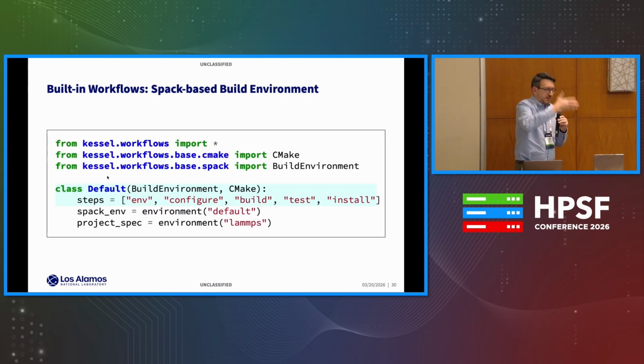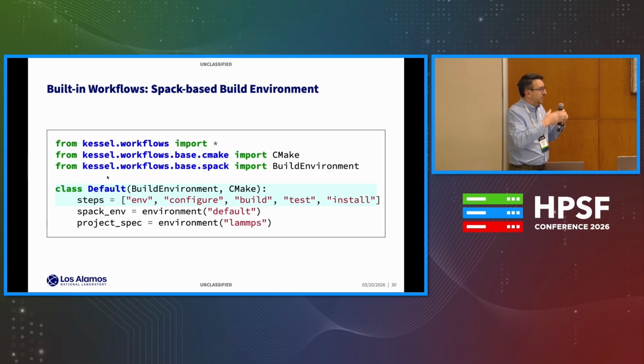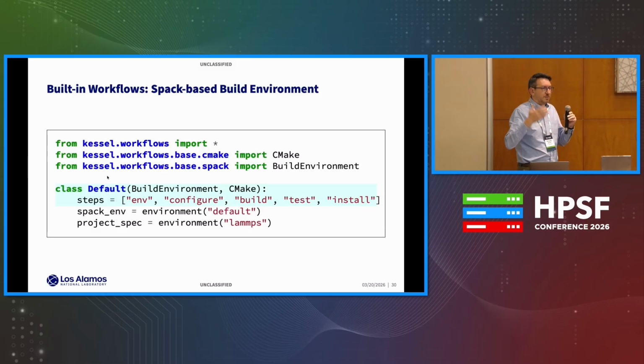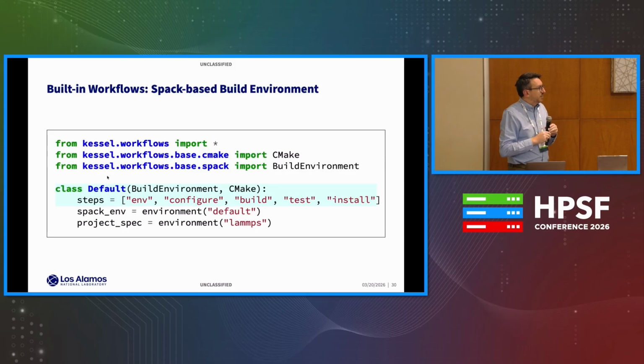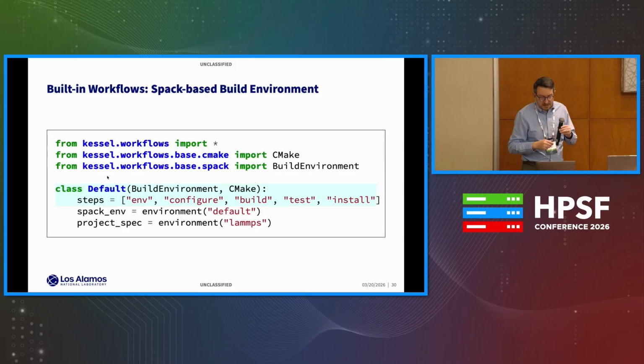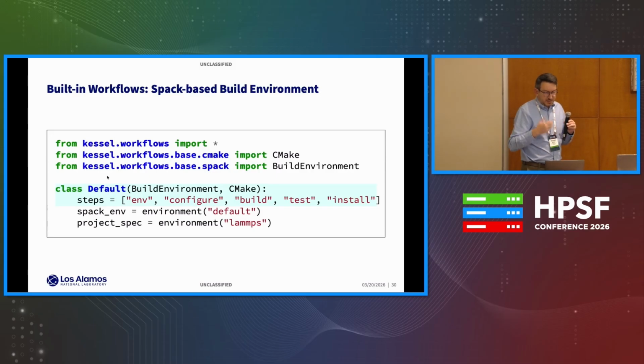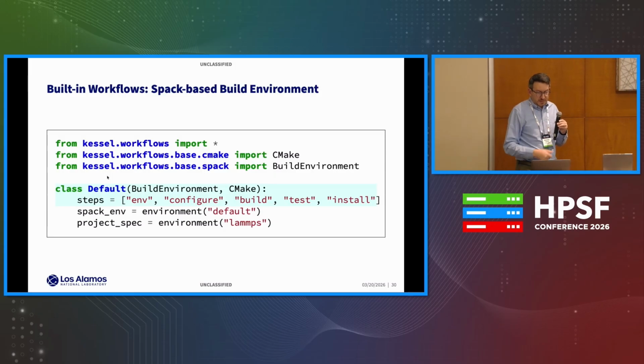With Kessel, this now looks so much simpler. You have a Python file where you inherit from different base workflows. In this case, the build environment workflow defines the env and the configure step, and the CMake workflow gives you build, test, and install.